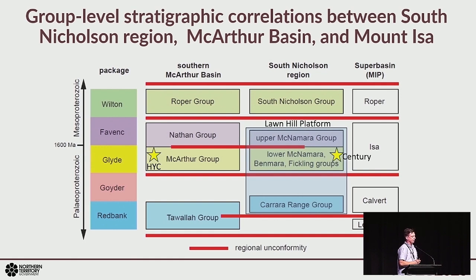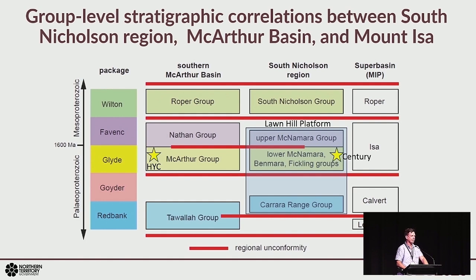If you go off to the east into the Mount Isa province, that's shown on the right of this diagram, the same stratigraphy is divided into a series of superbasins. If you go to the north into the southern MacArthur Basin, the same stratigraphy is divided into a series of different groups. And then in addition to that, there's this package nomenclature that a lot of you may be familiar with.